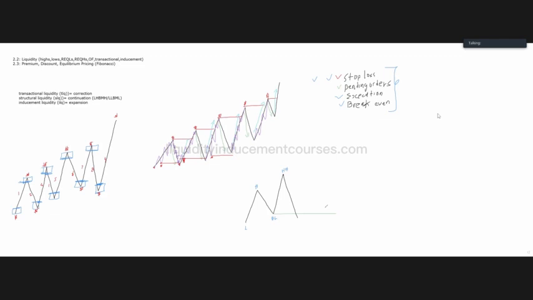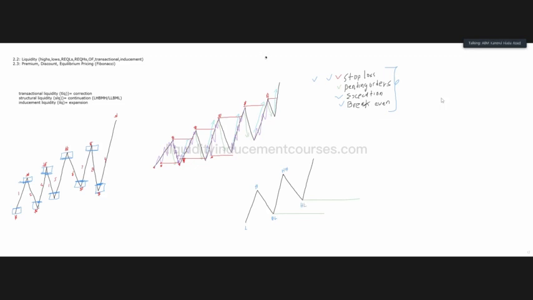Now, if price fails to come here and price comes to this level, for example, and then pushes higher again, everybody, does my inducement liquidity stay here or has it moved to here? It moved here. Why? Because here is now the new higher low.